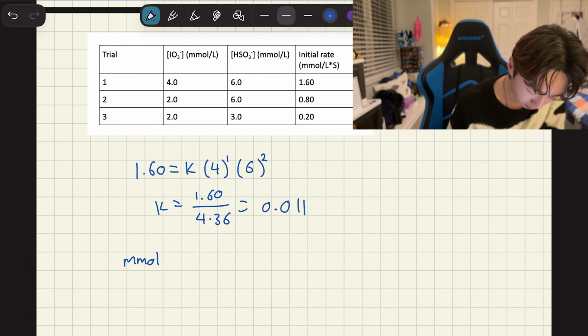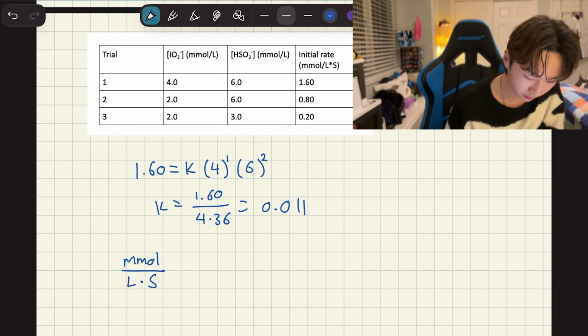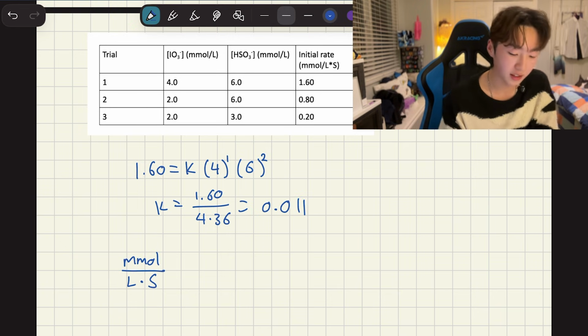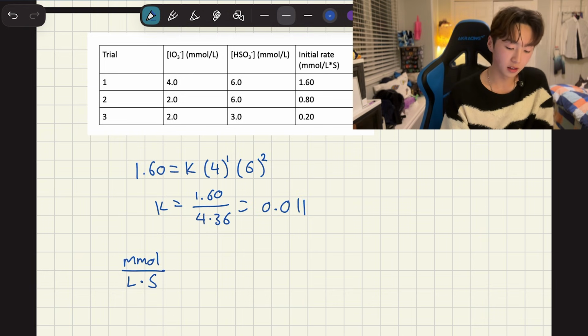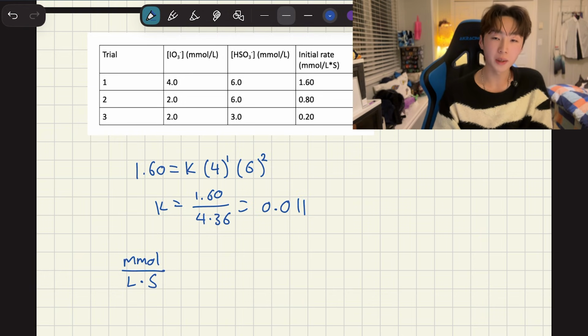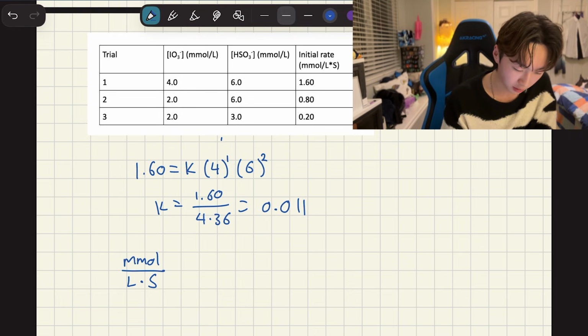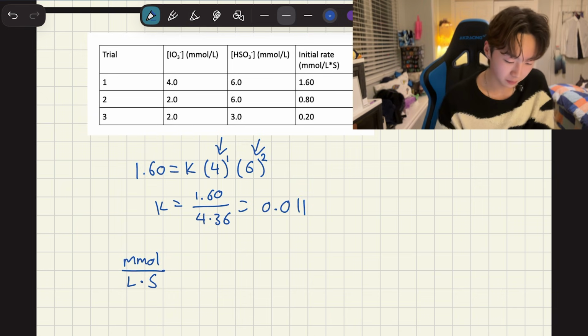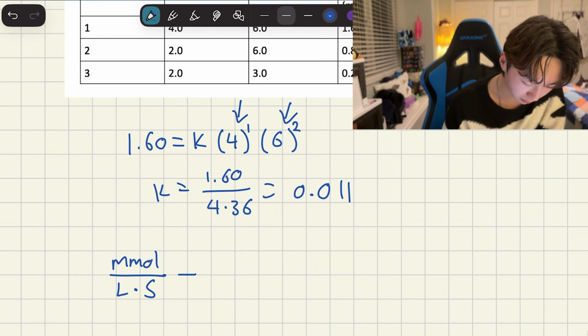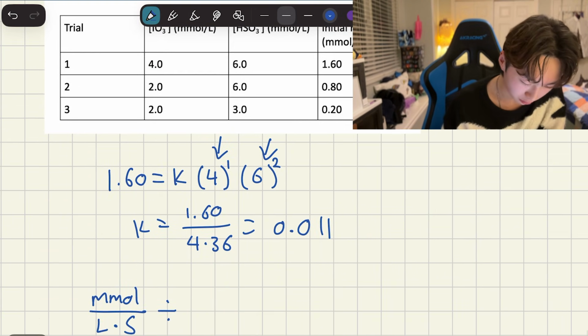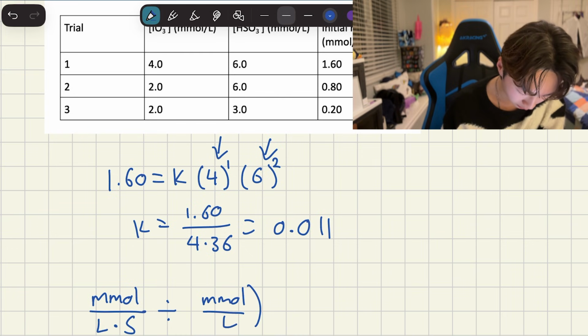Millimoles per liter times second. And then we're dividing it by our concentration. And we're dividing it by concentration 3 times because we have 1 here and 2 concentrations there because it's squared. So we're dividing it by our concentration, which is in millimole per liter cubed.